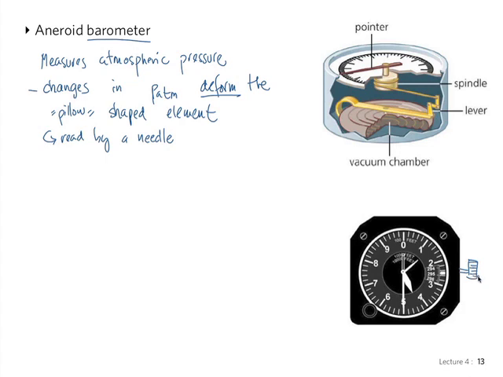You will have a little wheel here that the pilot can manually change, to account for variations in pressure at the airport. So the guy at the tower will tell you when you're approaching the reading, and you set your altimeter to it.